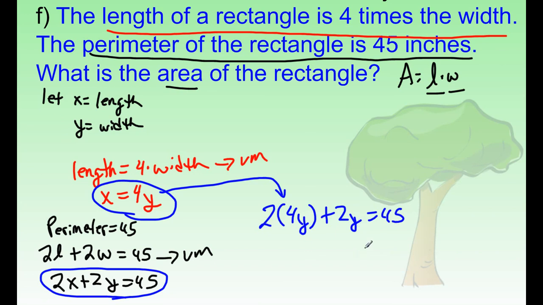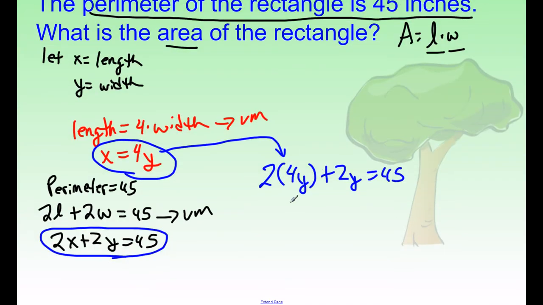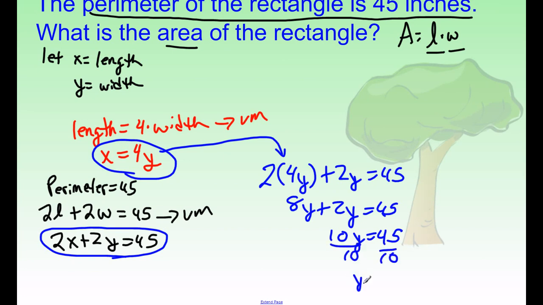Notice, no more x's. That's the whole point. 8y plus 2y equals 45. 10y equals 45. Divide by 10, y equals 4.5. So the width of this rectangle is 4.5.